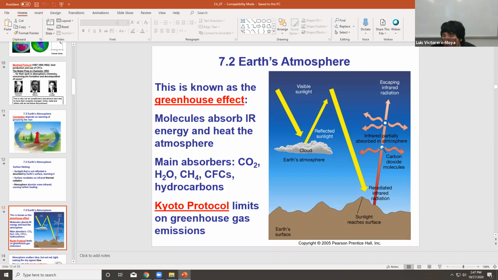Now, we don't want an over-exaggerated greenhouse effect.